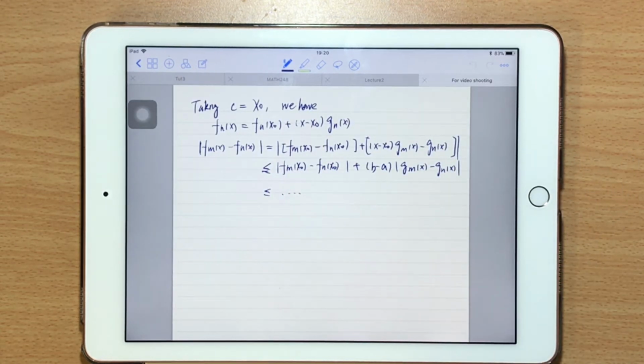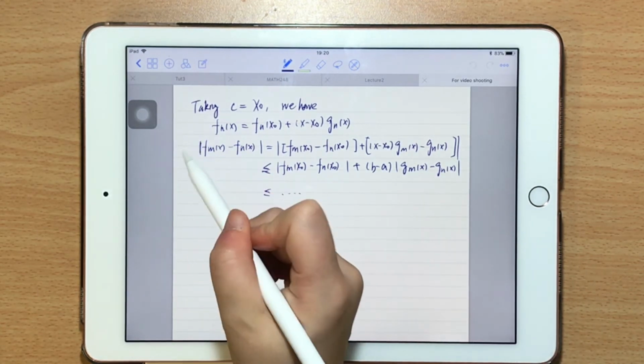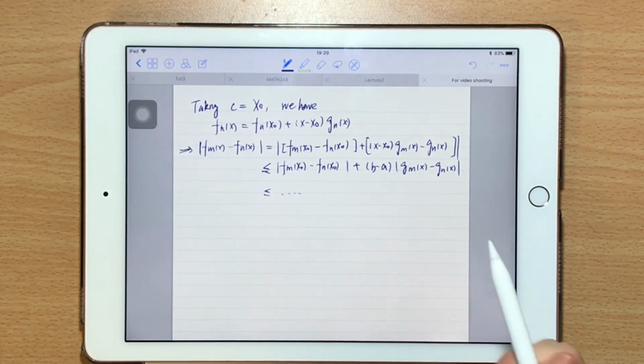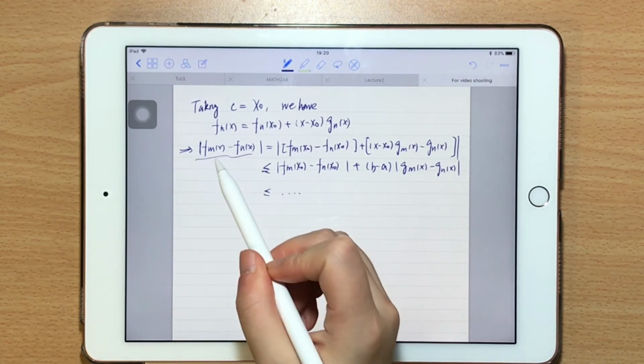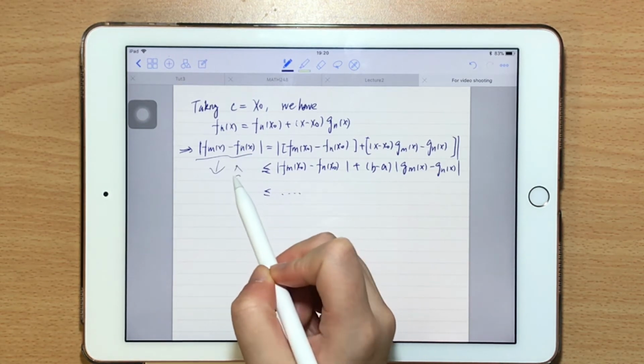Taking c equal to x naught, we have f_n(x) equal to f_n(x naught) plus x minus x naught times g_n(x), right? Now we can use f_m(x) minus f_n(x) and the Cauchy Criterion to show that this term will be smaller than epsilon.